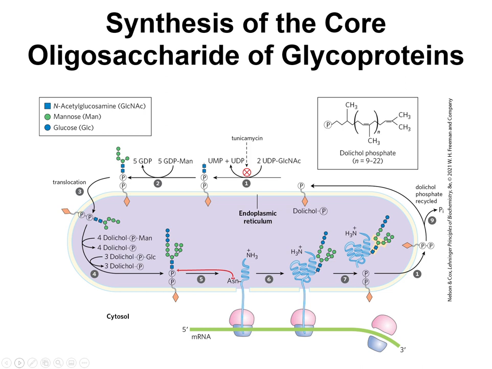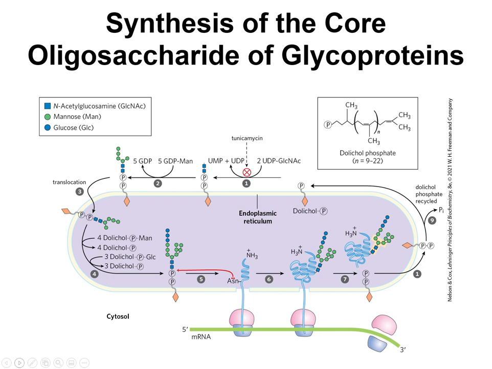So this is just a demonstration of how these core oligosaccharides are built that end up being part of the glycans that go onto the glycoproteins. And you're not responsible for knowing all of this, but just understand in general what happens.